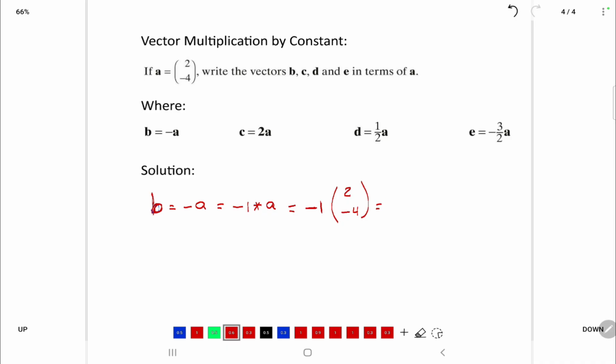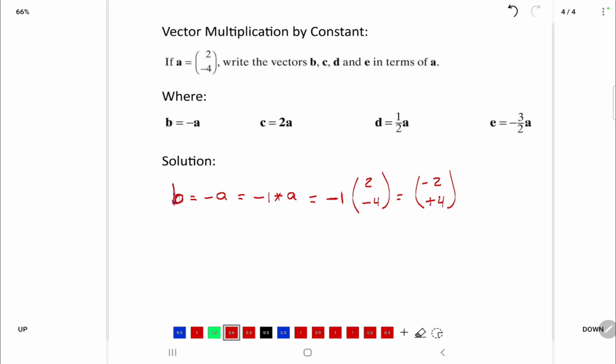And as we explained last session, this must be multiplied by all the elements in the vector. So this will be minus 1 by 2, it is minus 2, minus 1 by minus 4, it is plus 4. So this is how we find B.